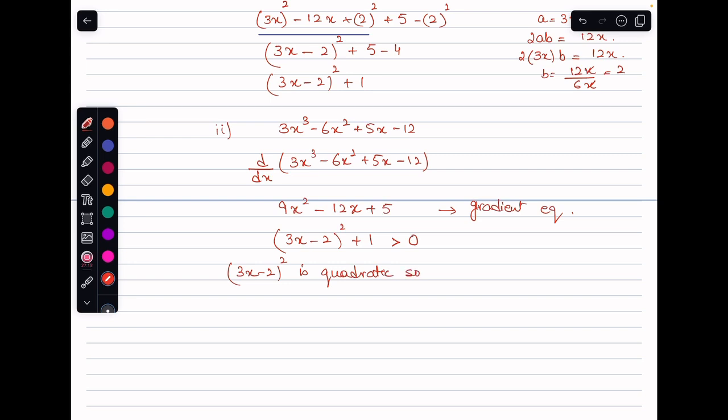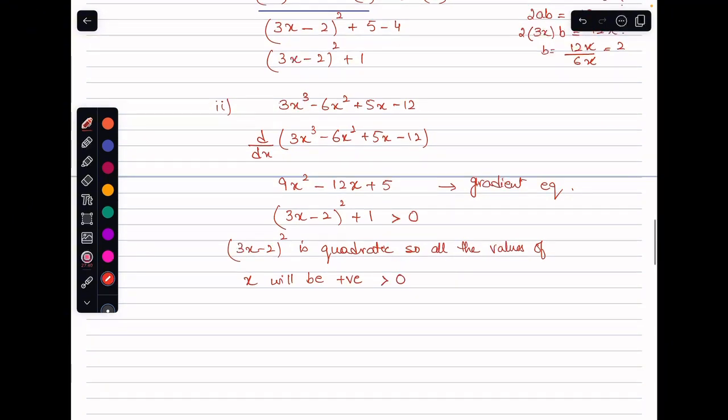So all the values of x will give us a positive answer, and therefore this gradient value shall always be greater than 0. Therefore, this given function is always going to be an increasing function.